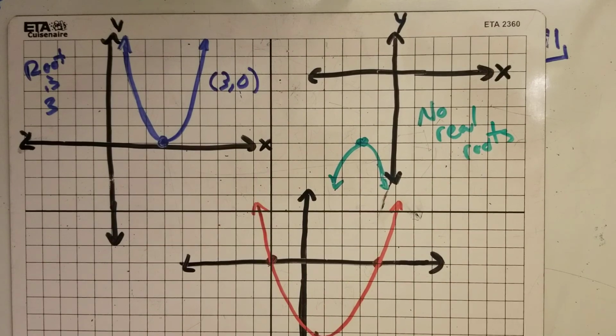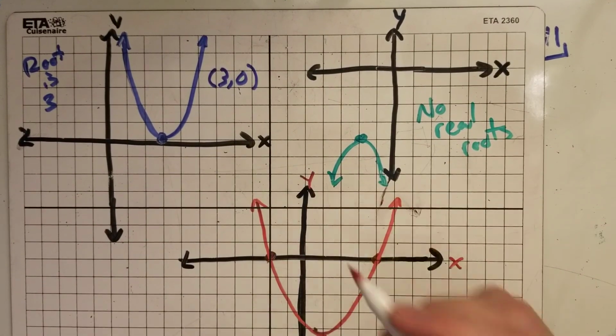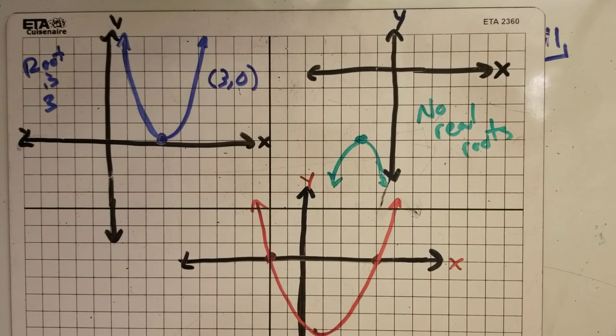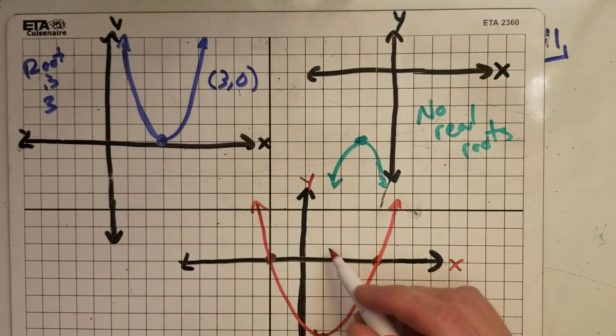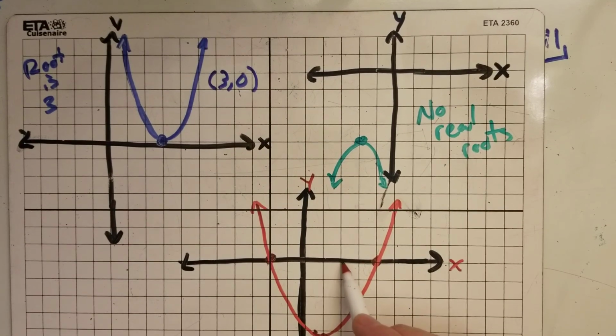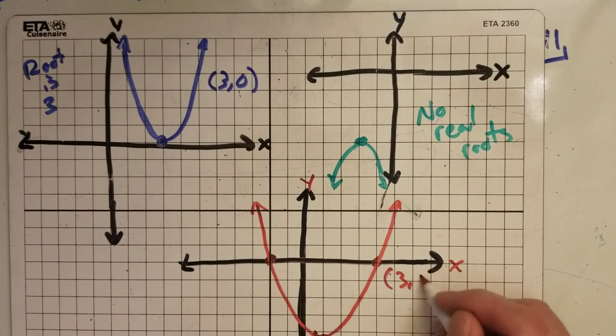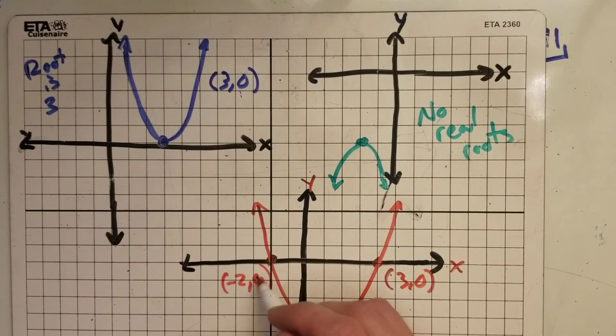And lastly, we have the red graph right down here, our x and y axis. And for this one, we can actually say what the roots are. So let's look. We have our vertex right down here. Our axis of symmetry is x equals positive 1. So we're at 1, 2, 3. So one root is 3, 0. Another root is negative 2, 0.